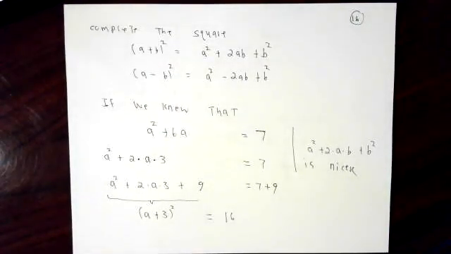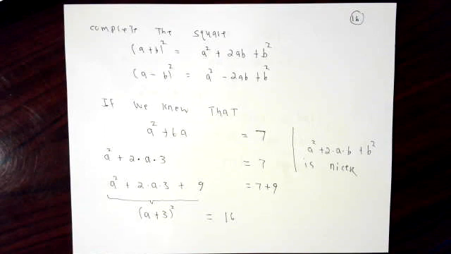There are a couple of facts that I need to remind you of. If you add 2 numbers together and then square the result, what you get is the same thing as the square of the first number plus 2 times the first number times the second number plus the second number squared.